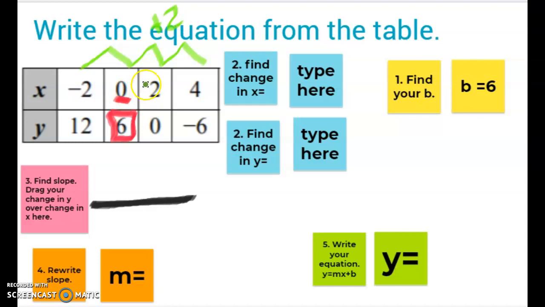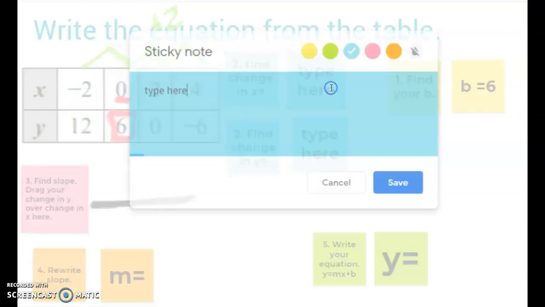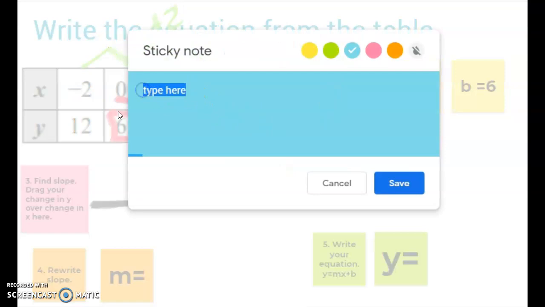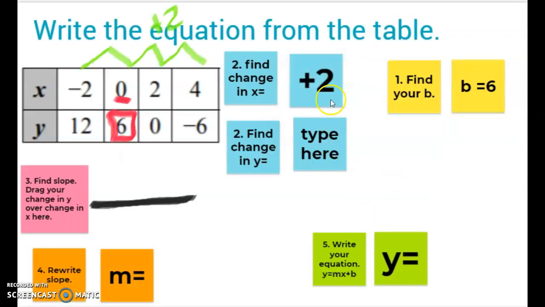Same thing right here: 2 plus 2, I get to 4. So I know that plus 2 does work for me. I'm going to double click where it says type here, erase that and type plus 2. My answer's waiting for me right here before I need to drag it.